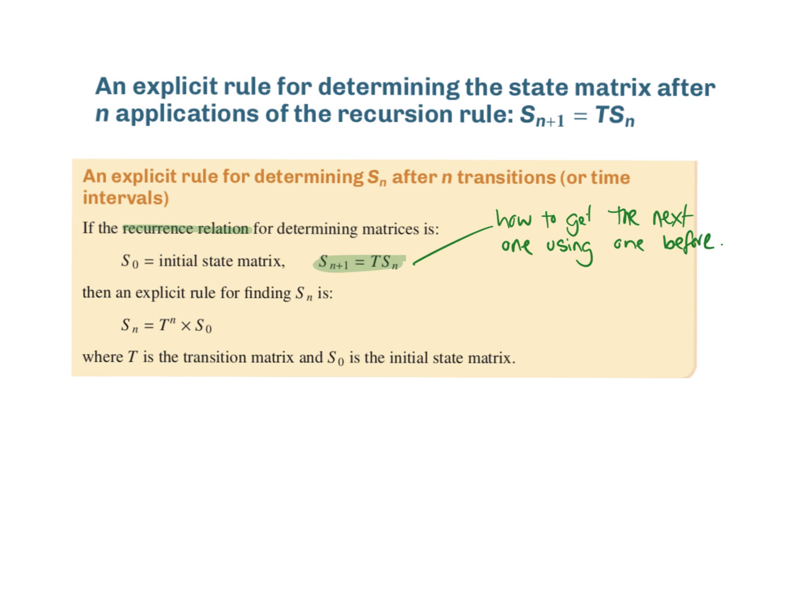But say for the meals, the cafe or whatever, what about if I say what's going to happen in a month's time? That would be 30 days. We don't want to keep on going 30 times to get there. That's going to be too much, isn't it?